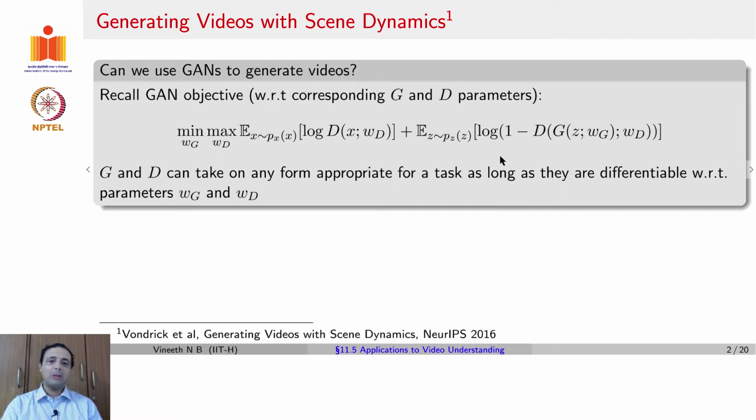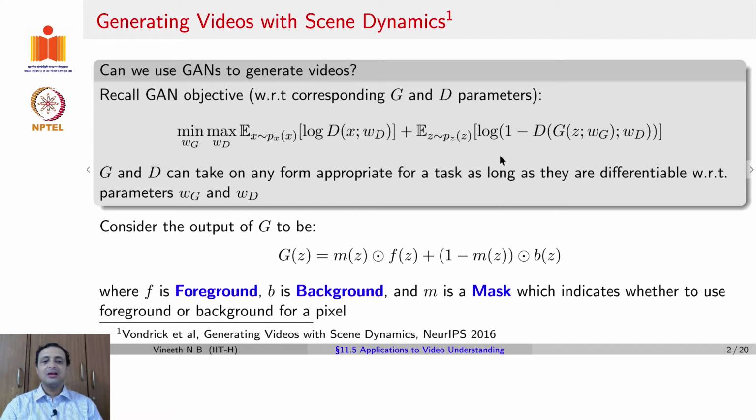So let's now see one method that extends GANs for video generation, however with one unique change. That unique change is this method called generating videos with scene dynamics, published in NeurIPS of 2016, considers the output of the generator to be given by m(z) Hadamard product, or element-wise multiplication, f(z) plus 1 minus m(z) Hadamard product b(z), where z is the latent vector which is the input to the GAN, to the generator.